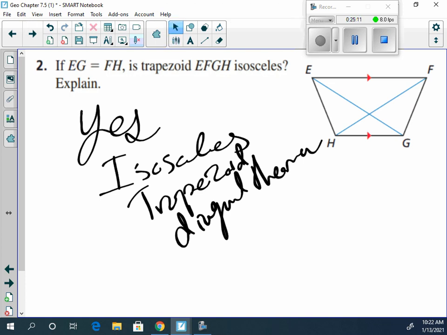So it's isosceles if the diagonals are congruent. If the diagonals are congruent, then it is isosceles. It works in either direction. Any questions on this here?